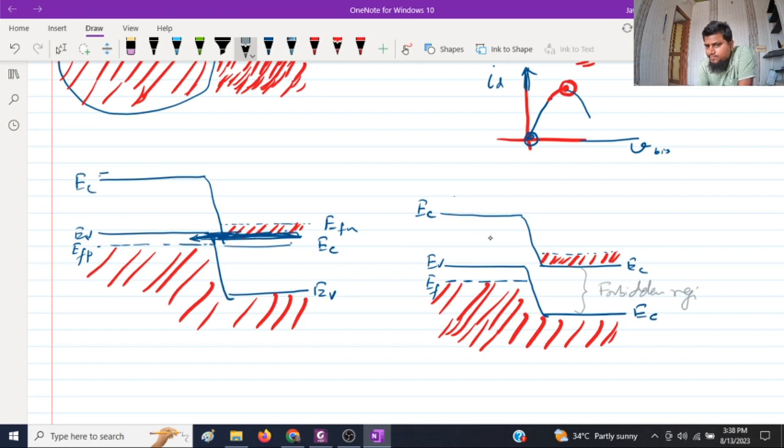So there is no allowed energy state, right? And hence tunneling is not possible. So this is the minimum. Ideally it should go to zero, but practically it doesn't go to zero. It goes to a minimum value.